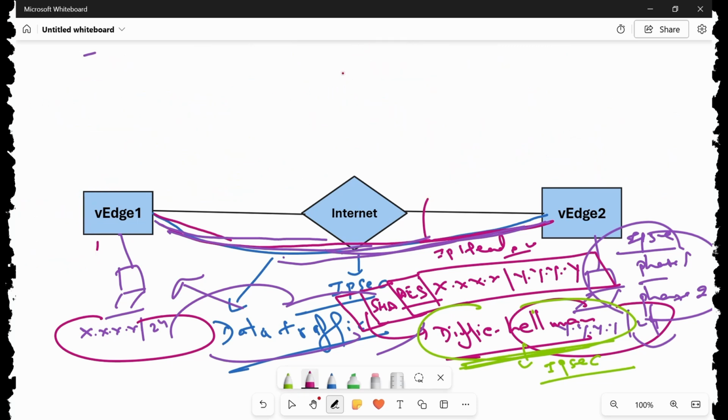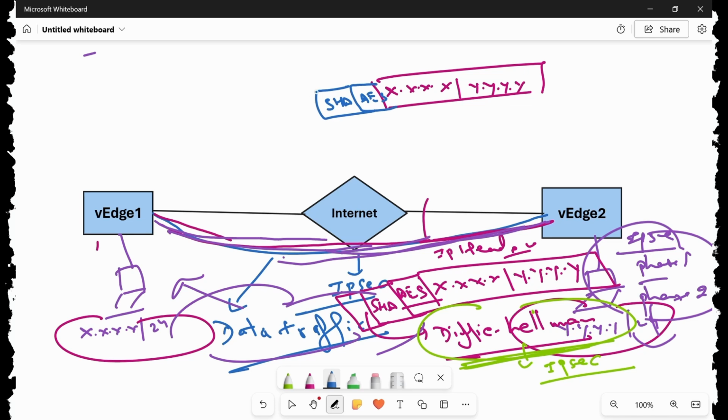The IP packet will have x.x.x.x as the source and the destination is y.y.y.y. Here I will add AES for encryption, SHA for integrity, and DH, the Diffie-Hellman group, for keys exchange, and this part is called the IPsec header.